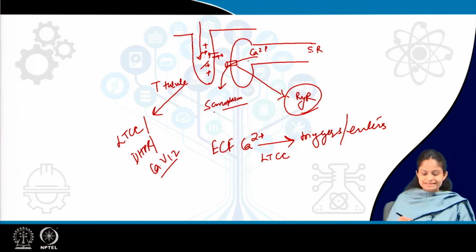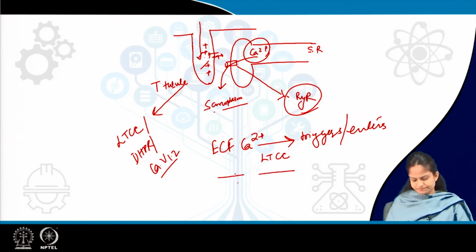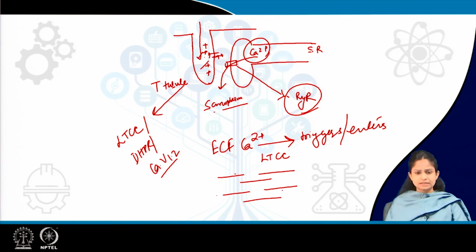So, calcium is released from the sarcoplasmic reticulum to the sarcoplasm. Now, this calcium which is released will bind to the filaments present in the sarcomere, that is the thin filaments and the thick filaments, and will cause cross bridge formation, the same as occurs in the skeletal muscles, and there will be contraction of the muscle.